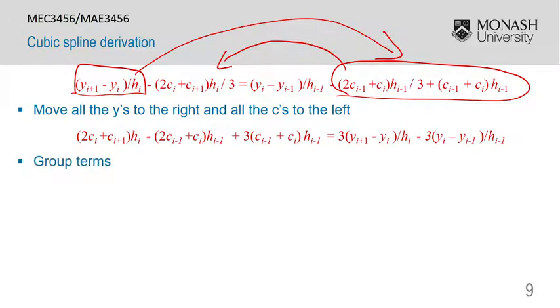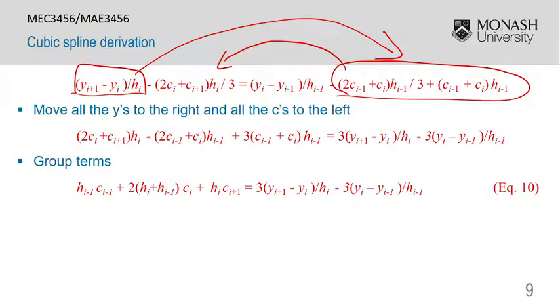If we now group the terms, so collect the terms involving c_{i-1}, c_i and c_{i+1}, we end up with equation 10. h_{i-1} c_{i-1} plus twice (h_i plus h_{i-1}) c_i plus h_i c_{i+1} is equal to a right hand side term involving the y's. So we have got exactly where we wanted to. We have a relationship between the unknown values c and our known function values y. However, it's not a straightforward system of equations. We can't solve it directly.